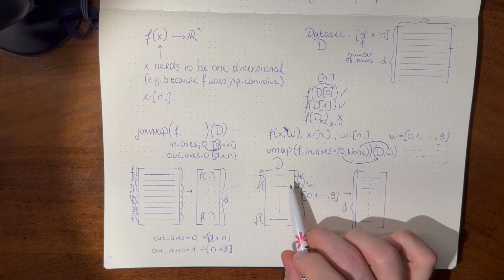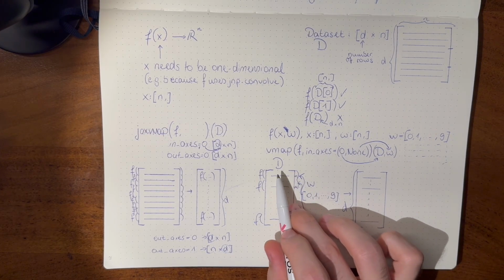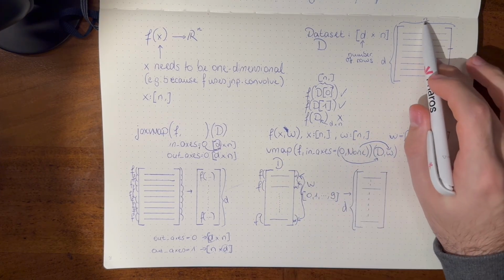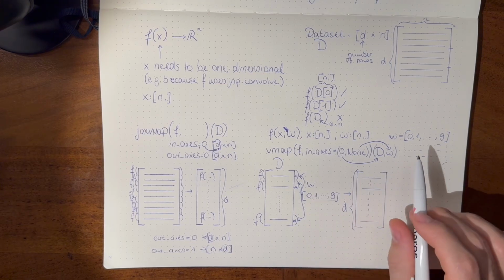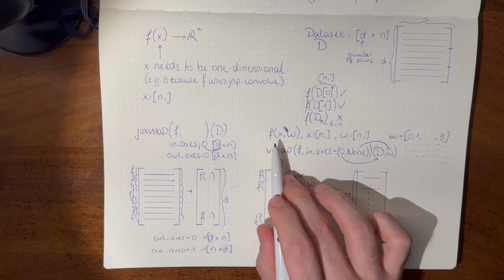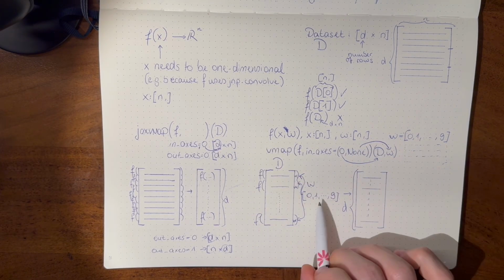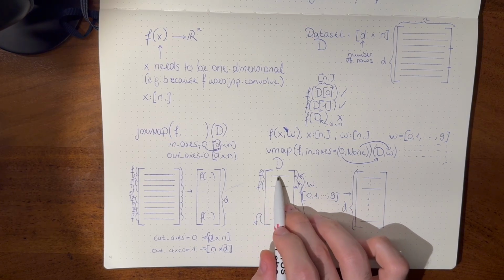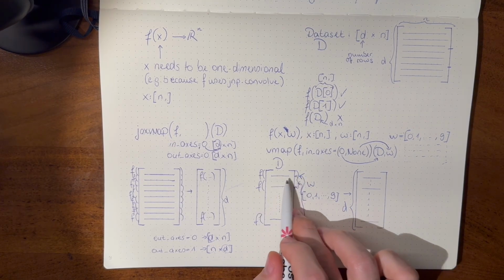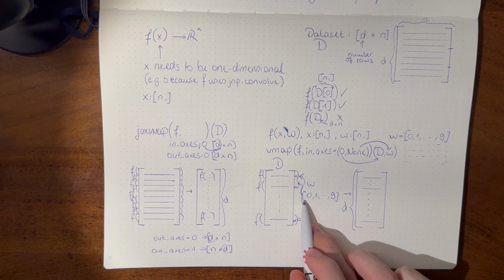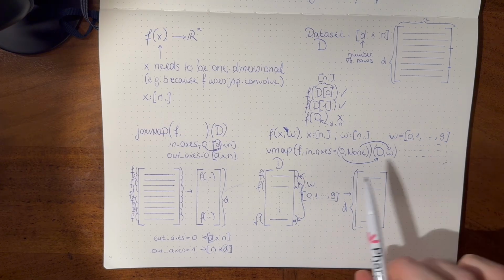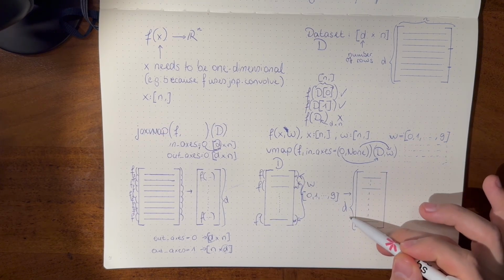And this operation will work because each row of our dataset D has the shape n, and our W has also the shape n, which means that our function will work. So in other words, the input to our function is the rows of D, each individual row, and also this W, and then the output again is another D by n matrix.